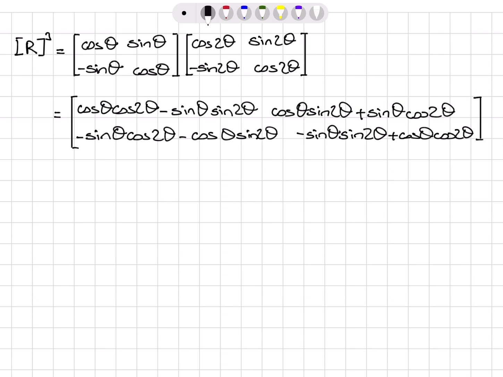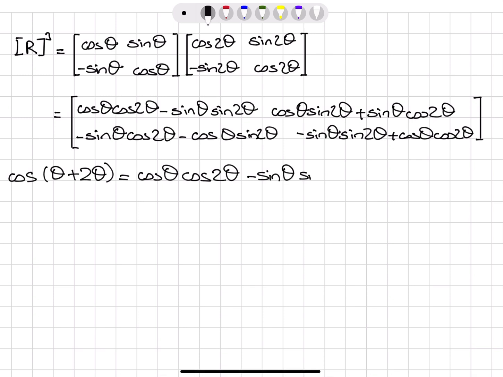Now let's recall cosine 3 theta. That is cosine of theta plus 2 theta. This is the cosine addition formula: cosine theta cosine 2 theta minus sine theta sine 2 theta. And how would you write sine 3 theta?